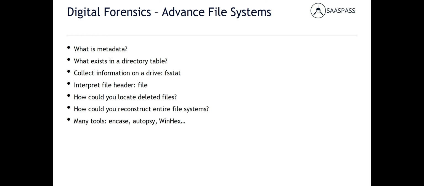There may be some other relevant data if the file is, let's say, compressed or encrypted, and the file system itself may feature such properties that you can use. And this is what we call metadata in the file systems context. And you can easily say that the directory table is mostly composed of metadata.